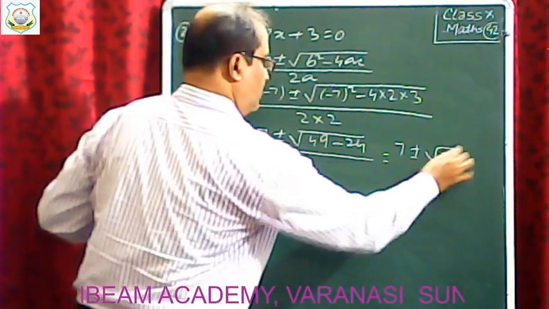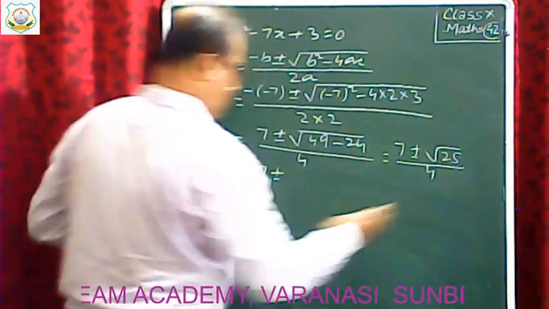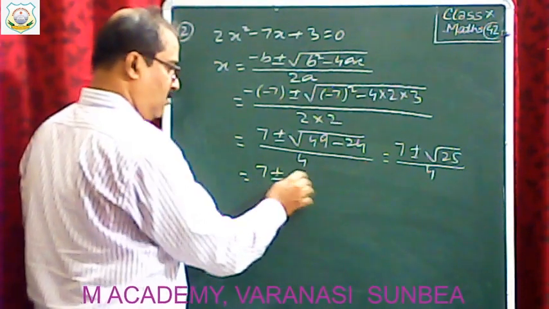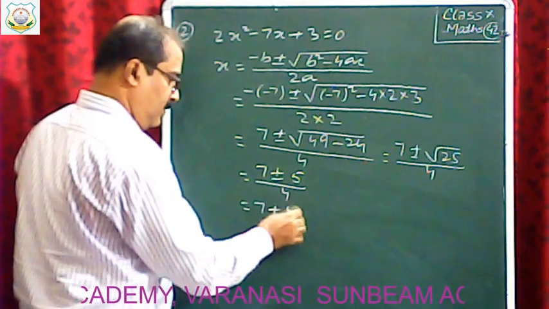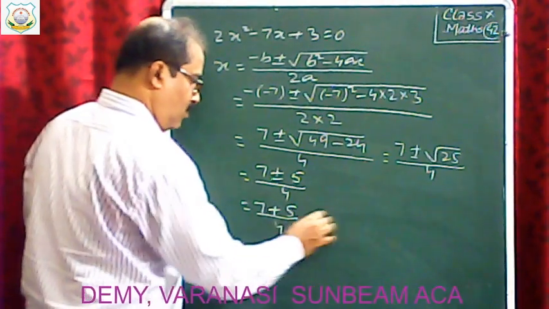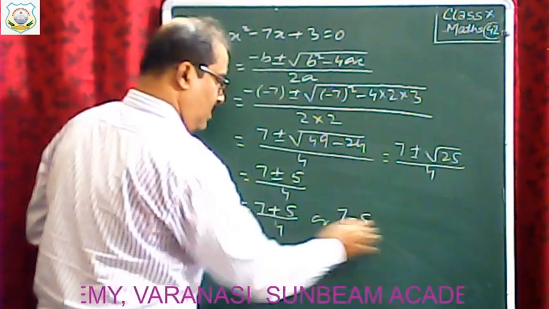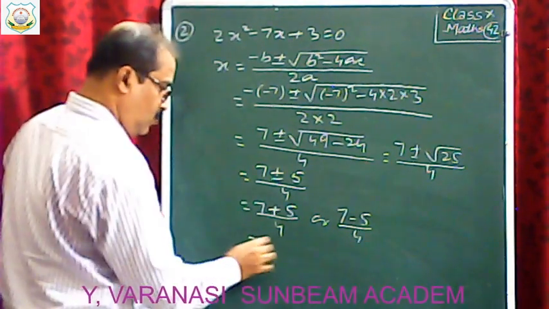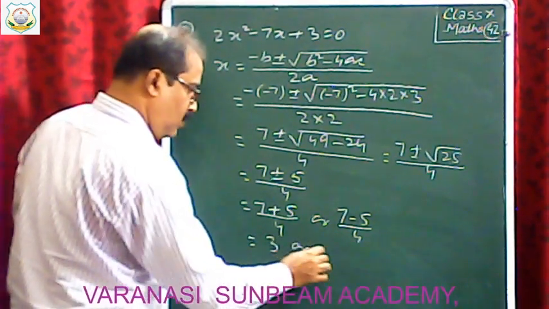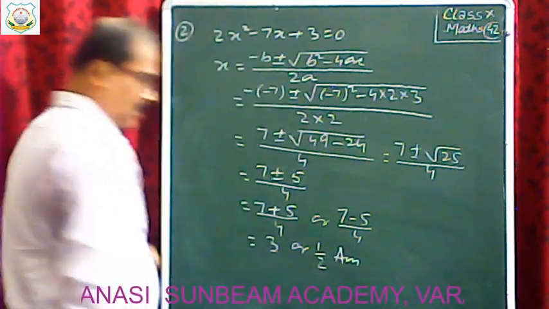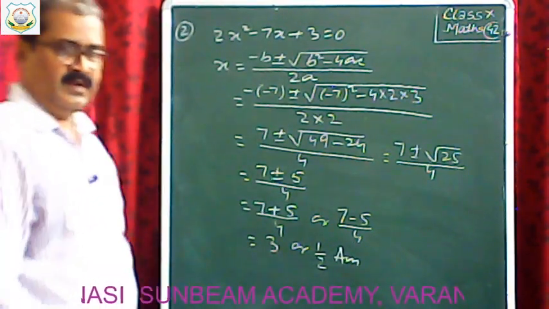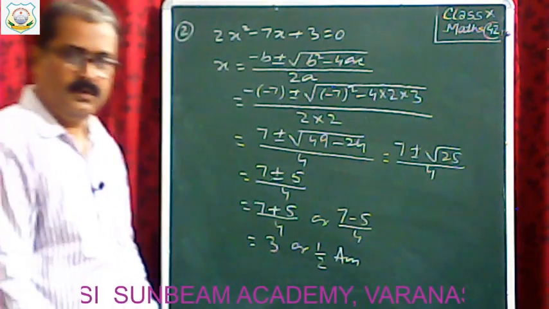Square root 25 upon 4, plus minus 5 whole upon 4. Now you have to separate it. So 7 plus 5 by 4 or 7 minus 5 by 4. So 12 by 4 means 3 or 2 by 4 means 1 by 2. That is your answer. So using quadratic formula, very simple.